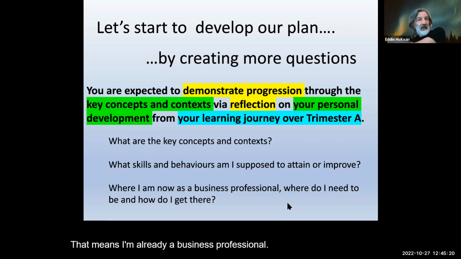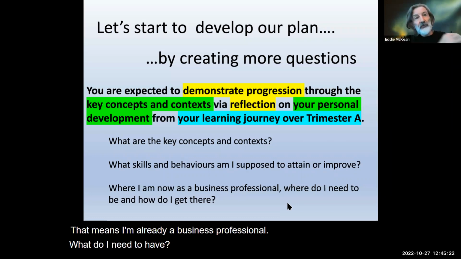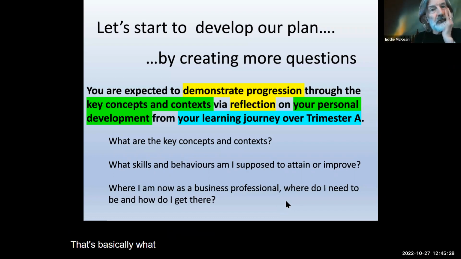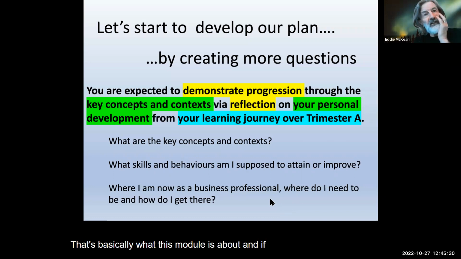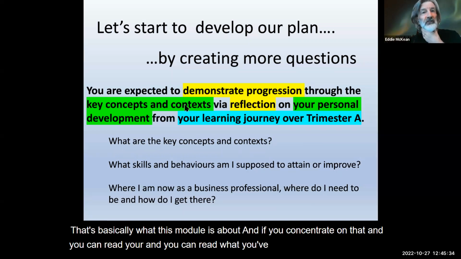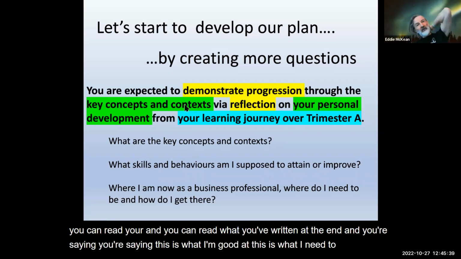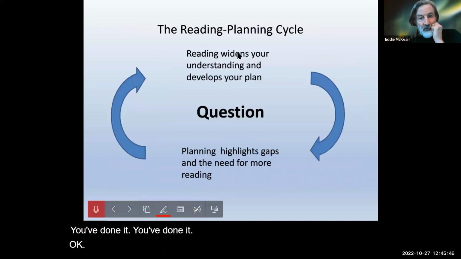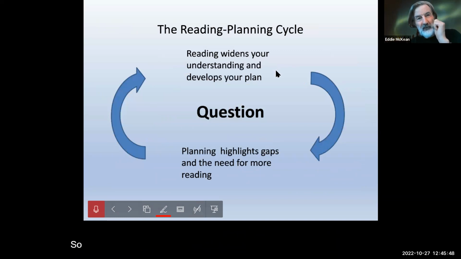What do I need to have? And how do I develop to get there? That's basically what this module is about. If you concentrate on that, and you can read what you've written at the end and say, this is what I'm good at, this is what I need to develop, these are the things I've been taught, you've done it. So finally, I think, yeah, pretty much.